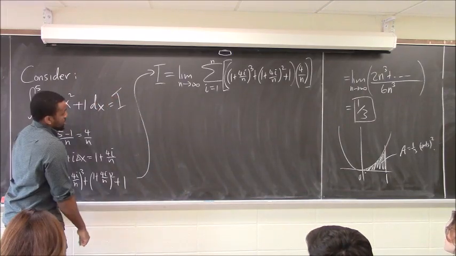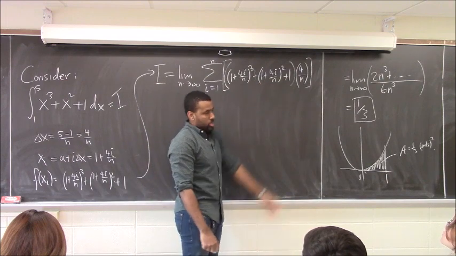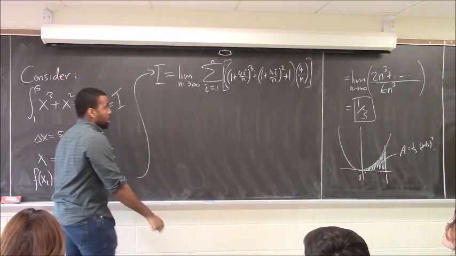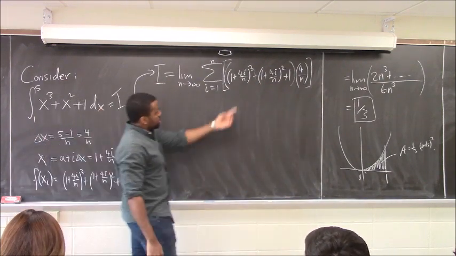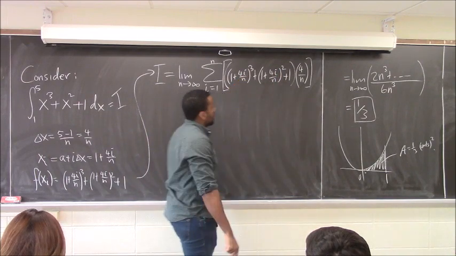And now to compute this, I'm going to have to find the cube of this expression, the square of that expression. I'm going to have to recombine terms, apply formulas, right? Ultimately, I'm going to want to isolate the summation of i cubed and the summation of i squared.